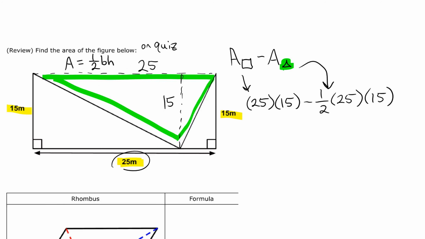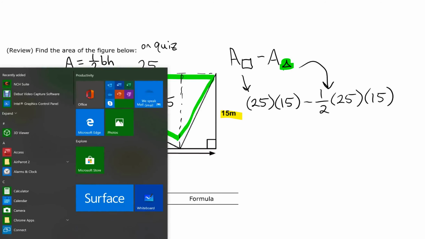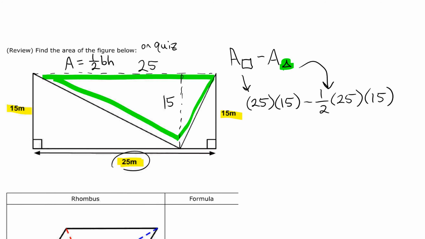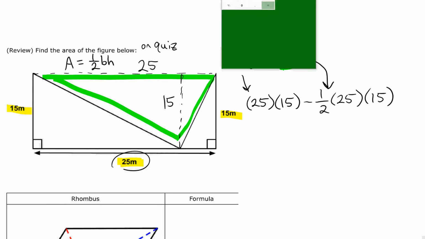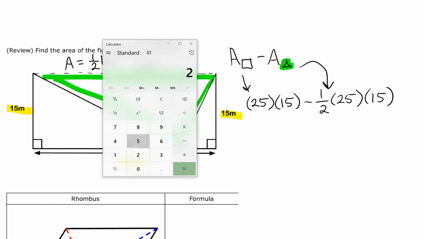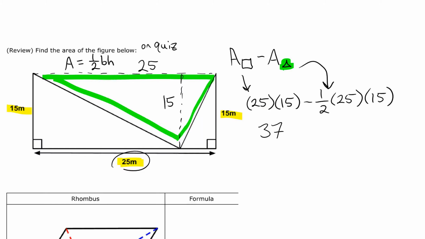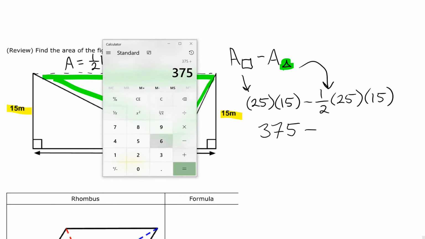Okay, if we pull out a calculator, let's see if I can get that up. Pull out a calculator real quick. There we go. 25 times 15 is 375 minus the same thing but divided by 2. So 187.5.